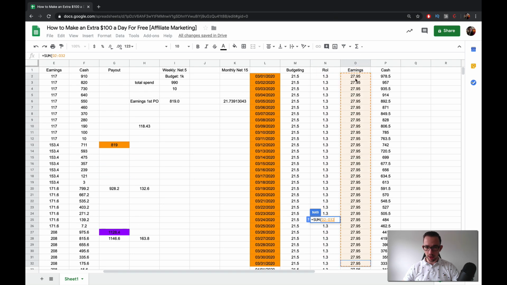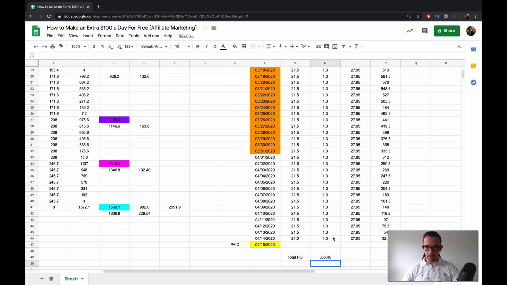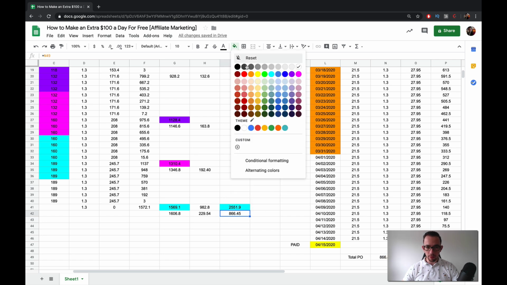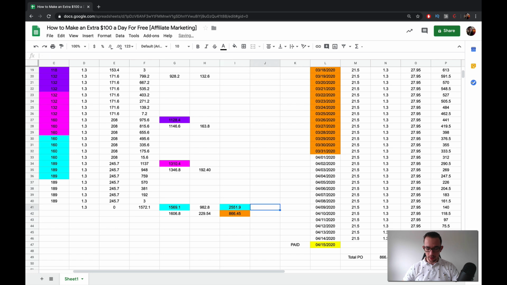Is the sum of this, 866.45. Then with the compounding, which is being paid weekly or being paid monthly, this is weekly net 5. This is monthly net 15.